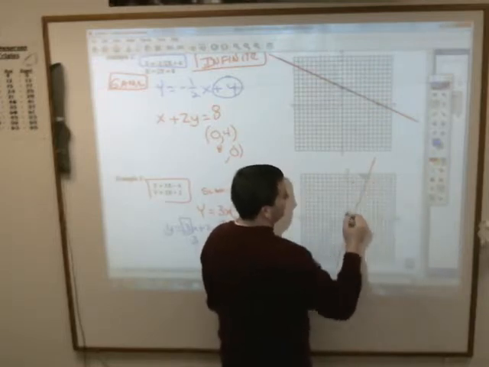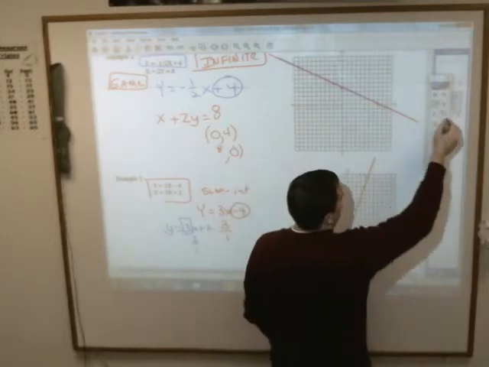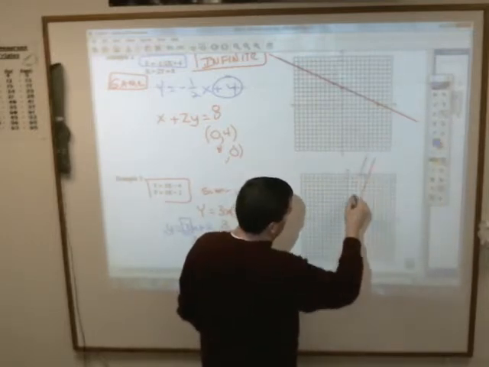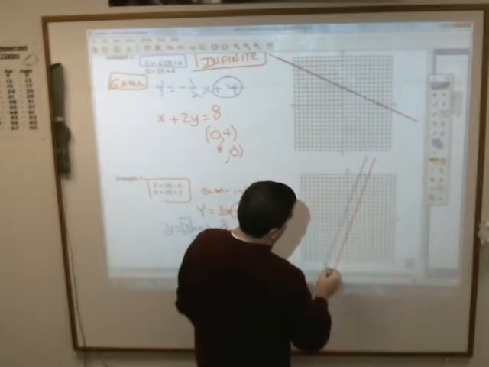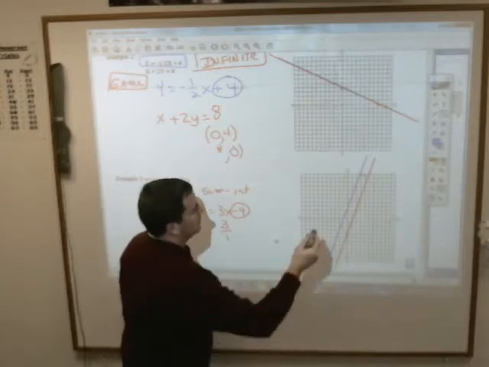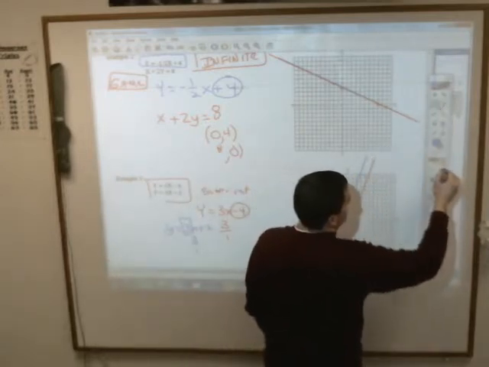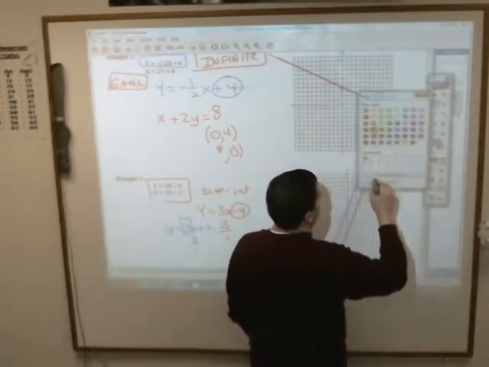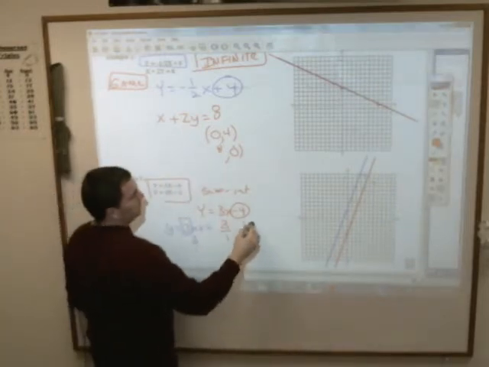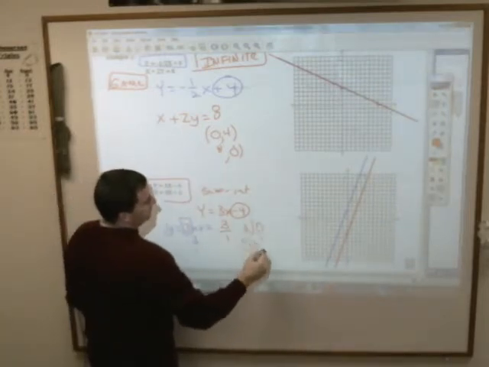And when I graph this line, what happens here? They never cross. So no solution. There you go. No cross, no solution.